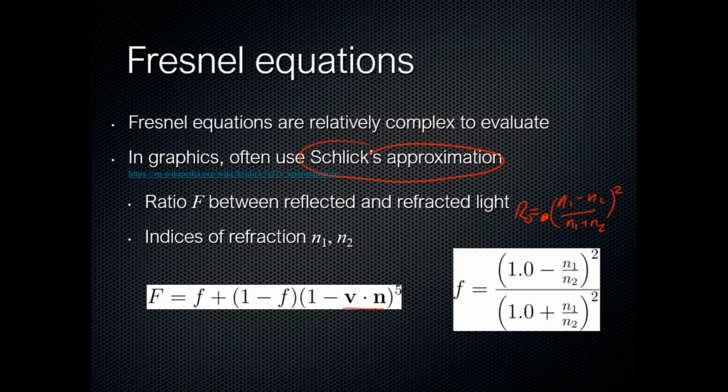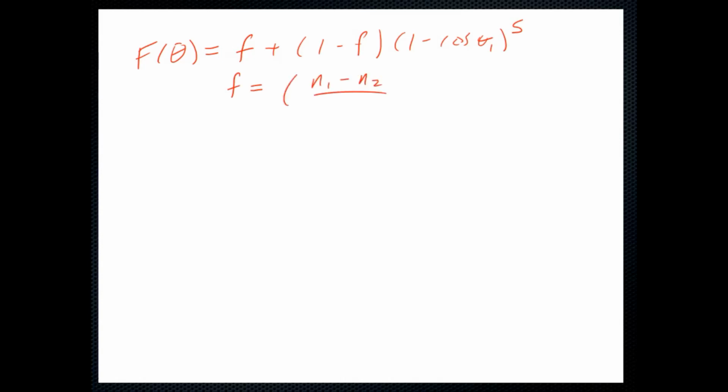So let's work for a minute with Schlick's approximation to get a sense for the equation. So I'm going to use a variation of the equation which looks like what's on Wikipedia, but using our F terms: F plus 1 minus F times 1 minus cosine theta 1 to the 5th power. With F equal to n1 minus n2 over n1 plus n2, squared.